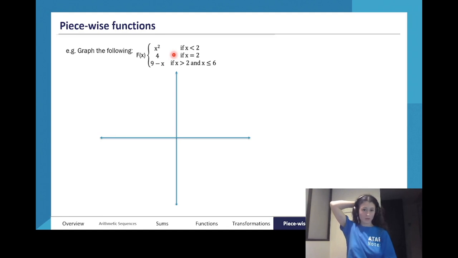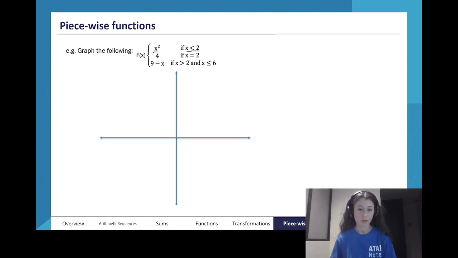Now, it's really important that if you are expressing a piecewise function, that you do it using that notation. And then when you're actually graphing the function, what we need to do is have a look at what the function is, and then what the interval is.